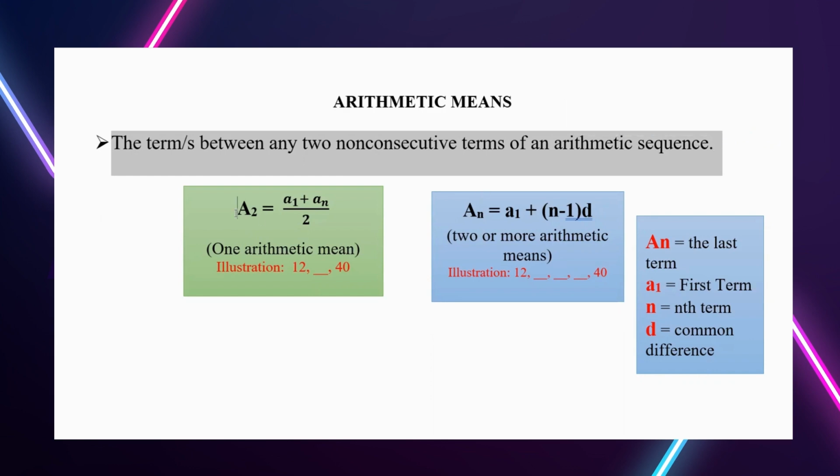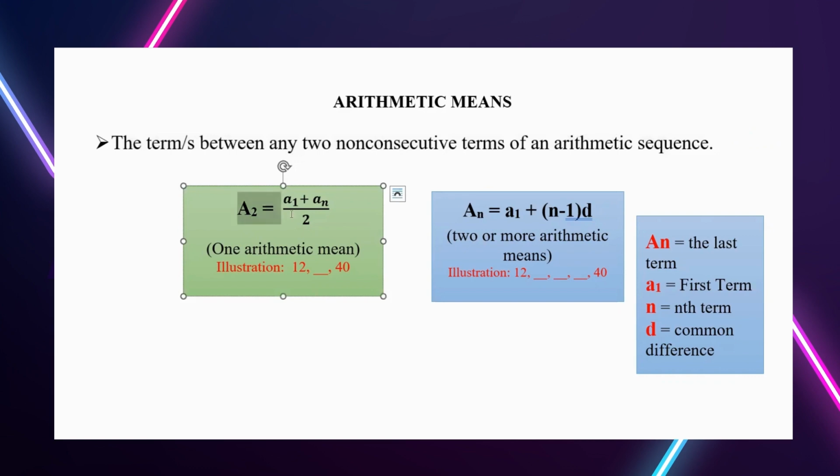Una, kapag ang hinahanap ay isang arithmetic mean lamang, gagamitin natin ang formula na a sub 2 is equal to a sub 1 plus a sub n all over 2, na kung saan ang a sub 1 is the first term, a sub n is the last term, and the a sub 2 is the second term, which is ang value ng arithmetic mean na ating hinahanap.